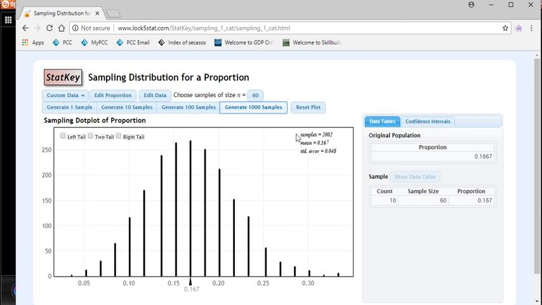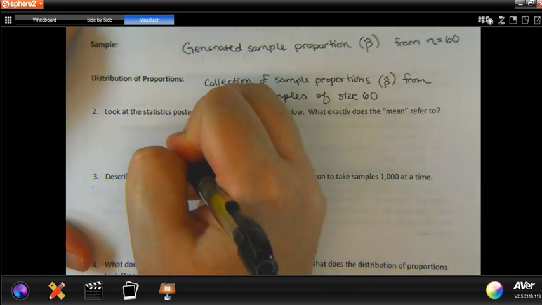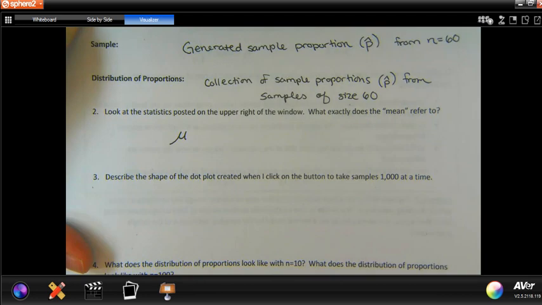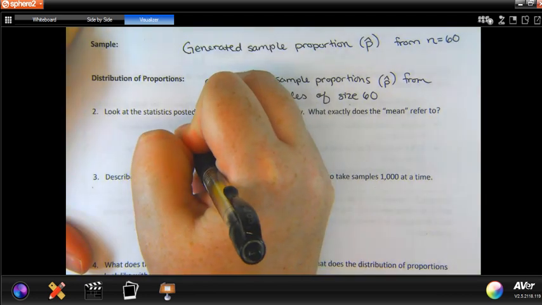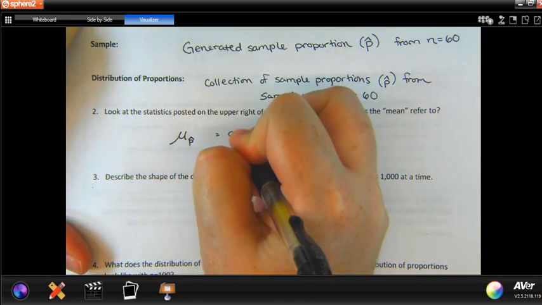So, in terms of the mean on our window here for the sampling distribution of proportions, that's describing the average of these values, or the average of our p-hat values. The symbol that we use for this is a population mean, because if we run this infinitely many times, we'd have all of the data, and we're averaging them, and then we want this little subscript of p-hat, since it's an average of those sample proportions.